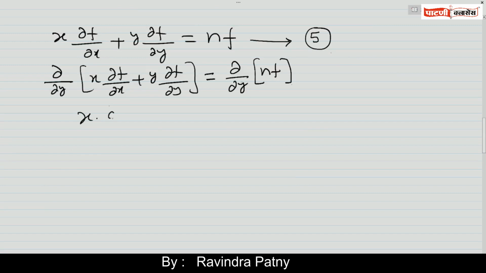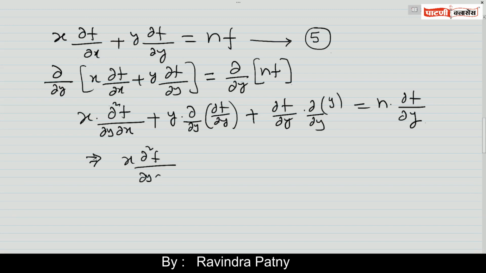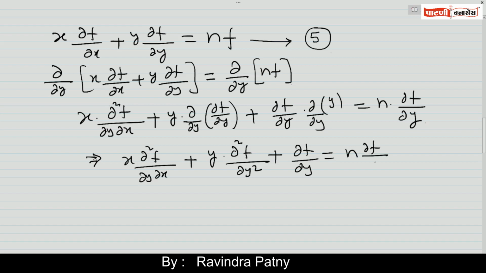Here we do get x into ∂²f/∂y∂x, but in the second part I have to do the product rule, y into partial derivative of ∂f/∂y with respect to y plus ∂f/∂y as it is, partial differentiation of y with respect to y, equals n into ∂f/∂y, implies x into ∂²f/∂y∂x plus y into ∂²f/∂y² plus ∂f/∂y equals n into ∂f/∂y.